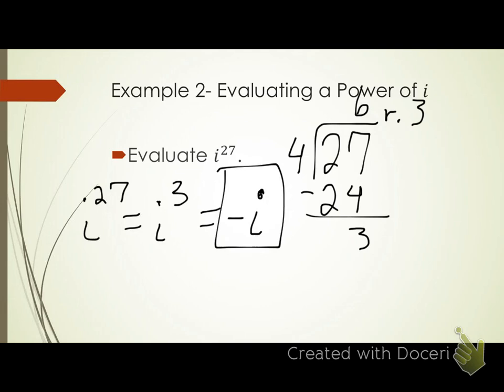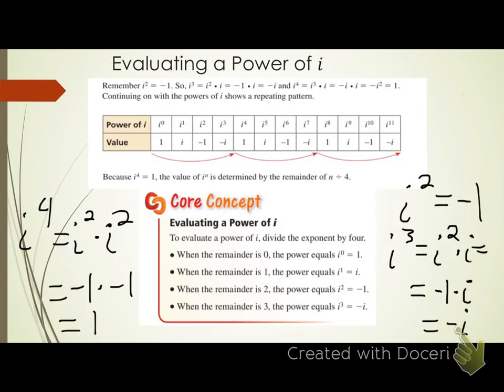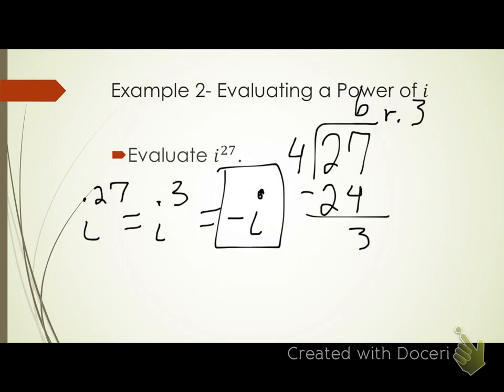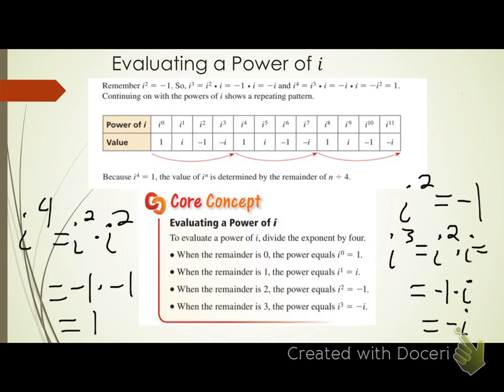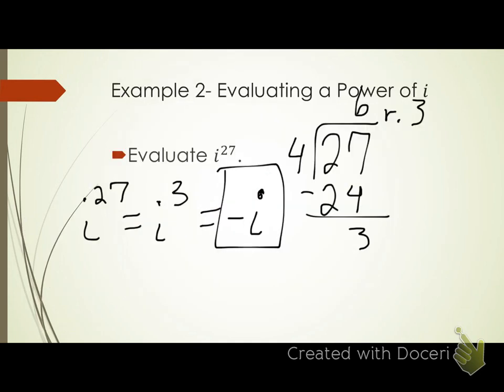My remainder is 3. When the remainder is 3, the power equals i to the third power. So that's why I write i to the 27th equals i to the third power, which equals -i. So the answer is just going to be that. My answer is -i.